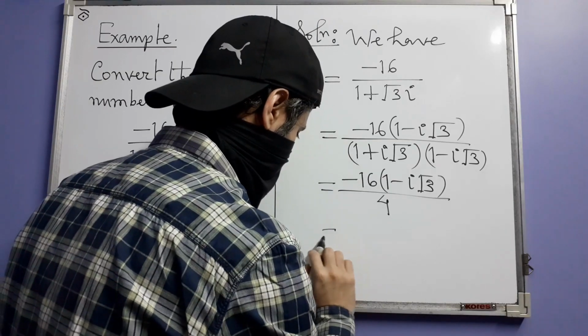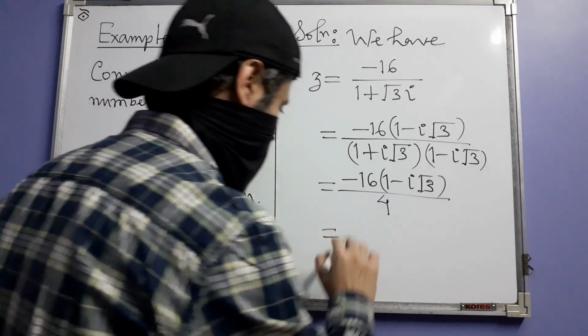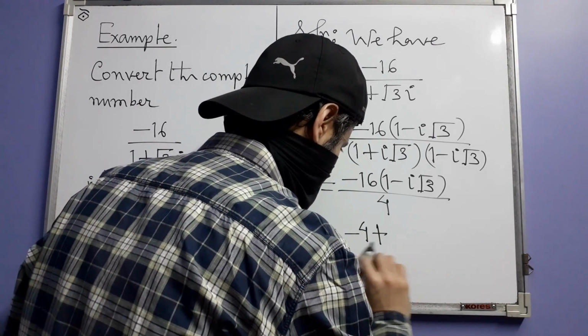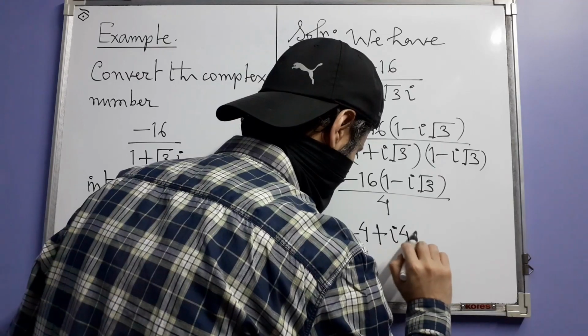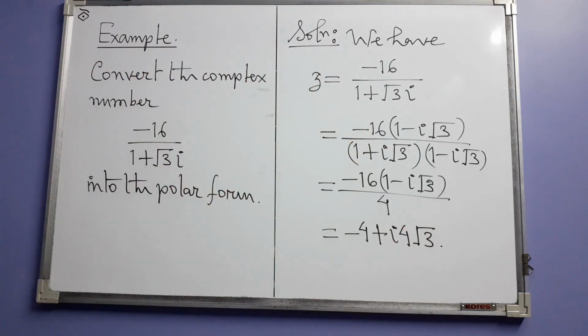After cancellation with this minus 16 and after multiplication, we get minus 4 plus I times 4 root 3. So this is our complex number.